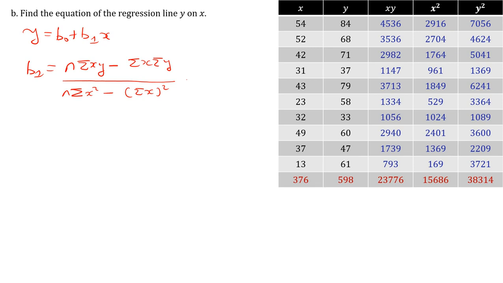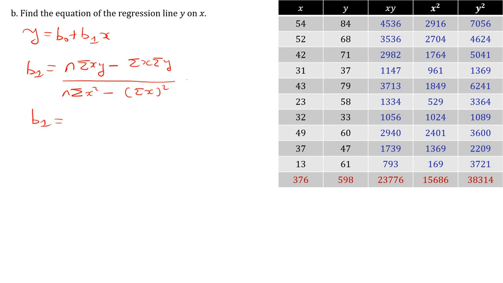So that's the relationship to calculate b1. This is for the regression line of y on x. But for the regression line of x on y, what remains up is the same, but what varies down is simply x, so it becomes y here, y here. Okay, so we calculate b1.